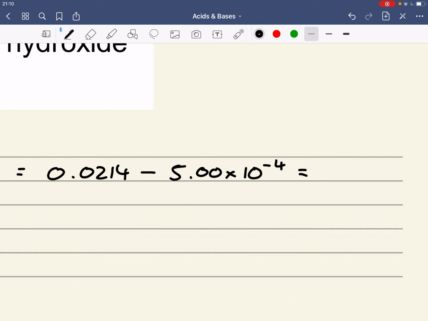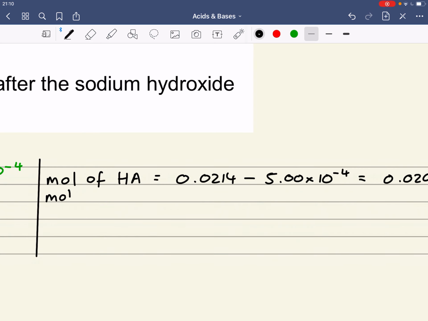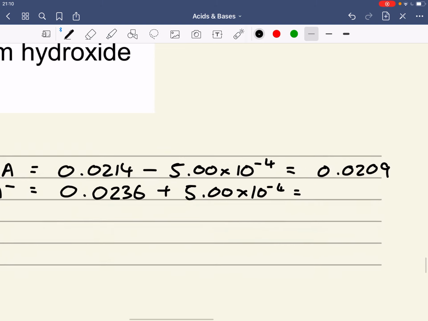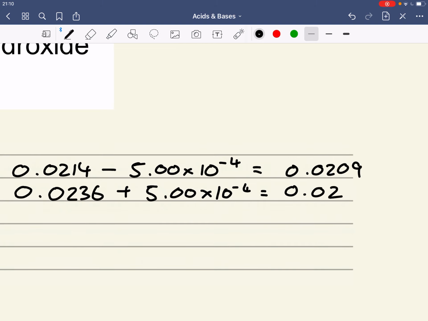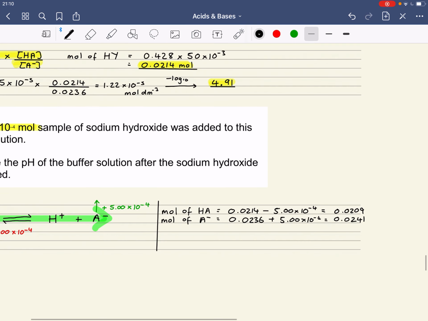And that would give me 0.0209. My moles of A minus is going to be 0.0236 plus 5 times 10 to the minus 4. And that would give me 0.0241. So let's just examine that.